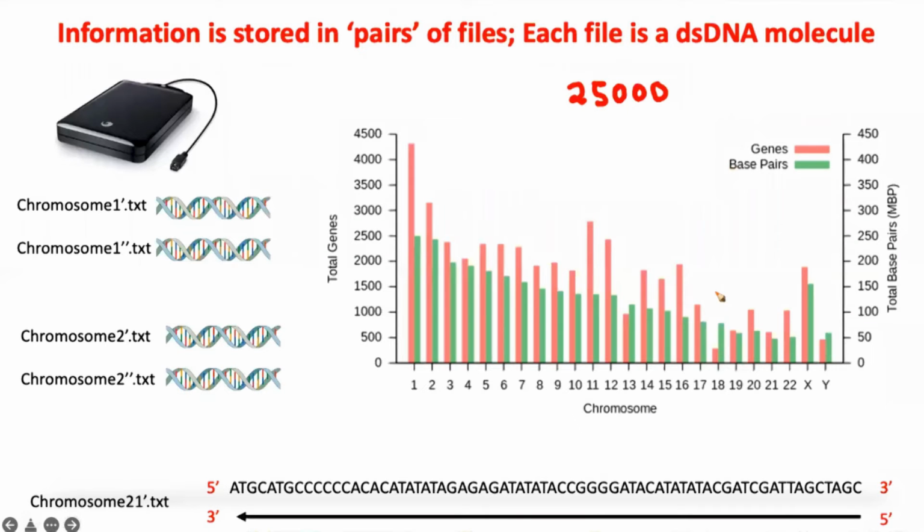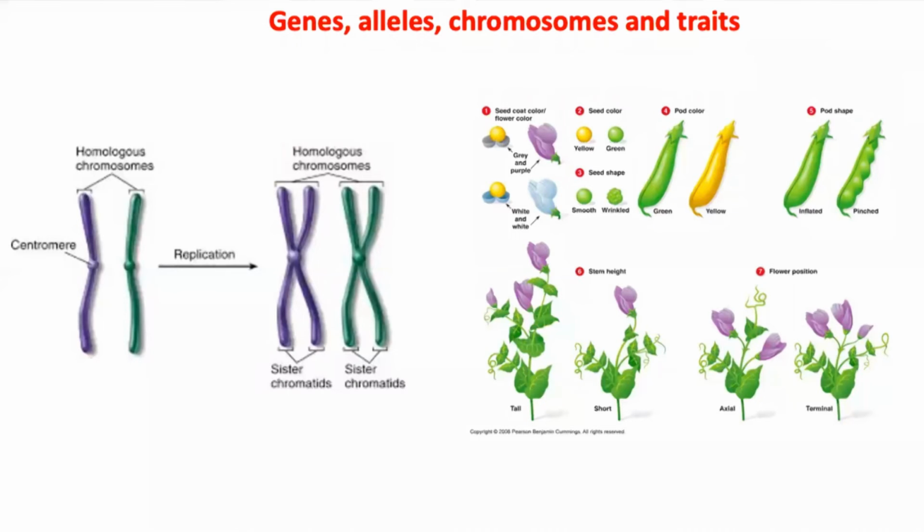Yes, sir. Thank you. Sir, I had a small doubt in the chromosome diagram. Sir, in this slide, the chromosome contains two chromatids, but on the left side of the diagram, they show a single chromatid as a chromosome. See, this is a chromosome. This happens only during DNA replication just before the cell is going to divide.